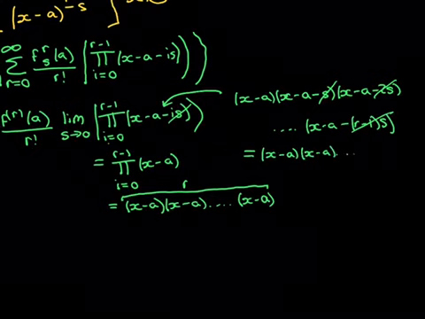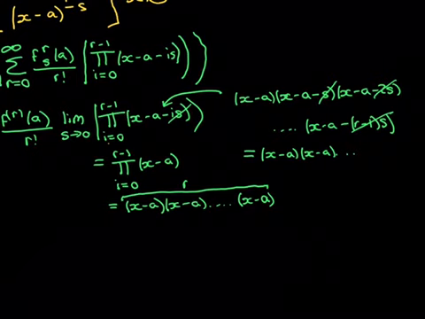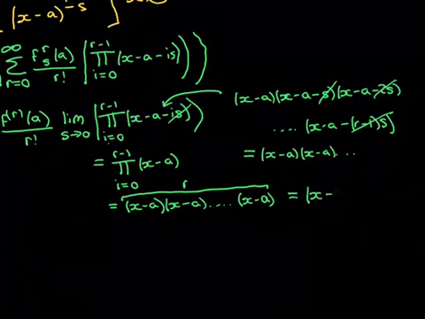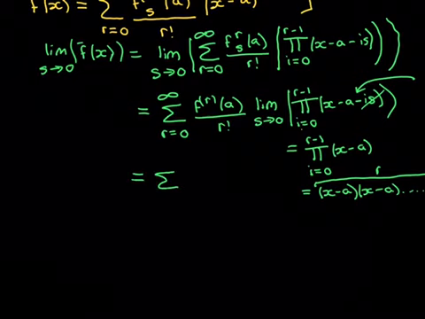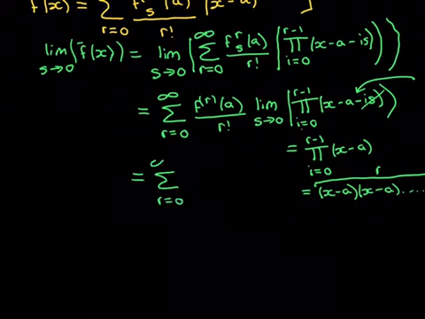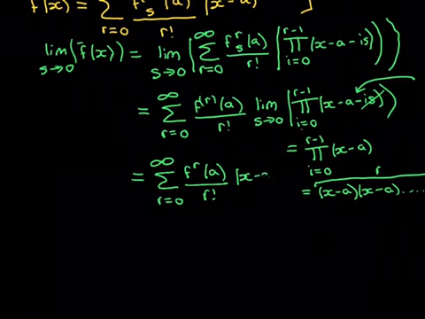How many times are you going to get it? Well, from this term to this term, we've got r minus 1 terms, but then we've got this term as well, so we're going to get it r times. So it just becomes, therefore, x minus a to the power of r. And then you recognise what we've got there is equal to the sum from r equals 0 to infinity of the r-th derivative evaluated at a over r factorial, times x minus a to the power of r. Quod erat demonstrandum. There we go.